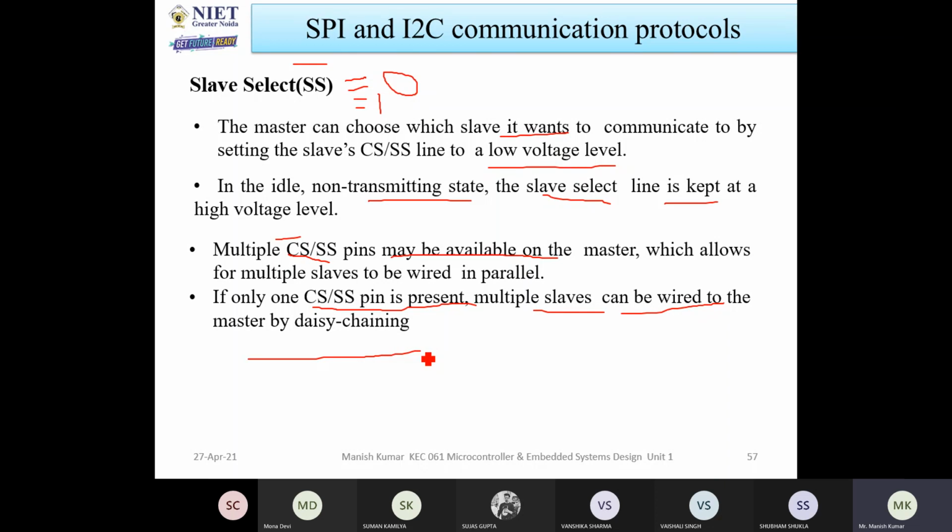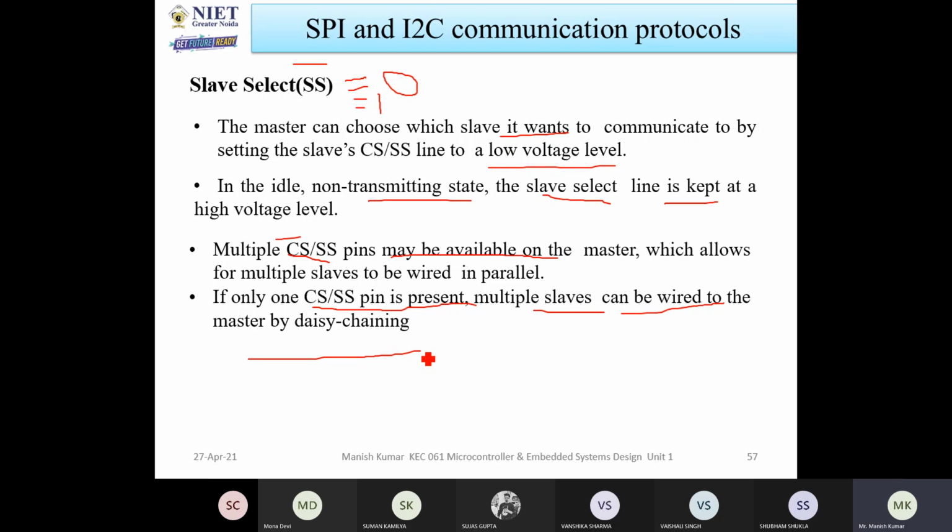Daisy chaining is a wiring scheme in which you can connect multiple devices, wired together in a sequence or a ring. That forms a daisy chain. I think you've seen daisy flowers; the wiring will be like that.